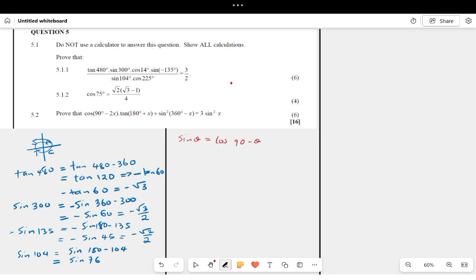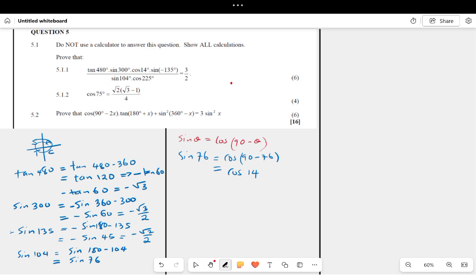So in this case, if we write the angle we already have in terms of cosine so that we can relate it with what is in the numerator, sine 76 is also equal to the cosine of 90 minus 76, which is equal to cosine 14.